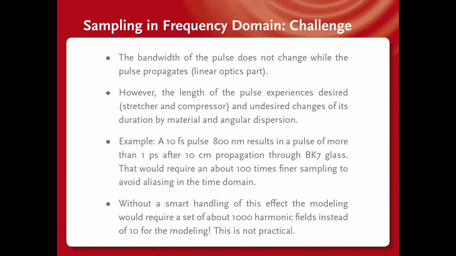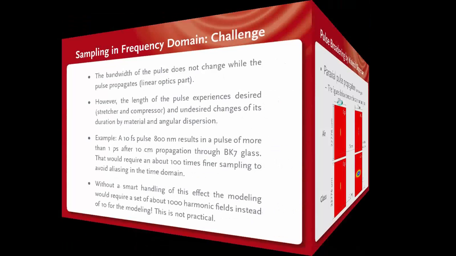Due to the fact that the sampling has to be invariant in the frequency domain, this extension of the pulse would require a 100 times finer sampling to avoid aliasing in the time domain. So this also means that without a smarter handling of this effect, the modeling would require about 1000 harmonic fields instead of 10 fields just to simulate the light propagation through 10 centimeter of BK7.